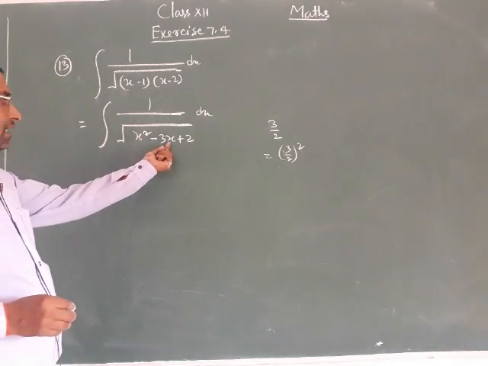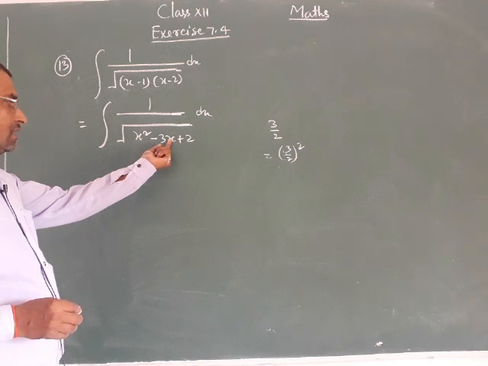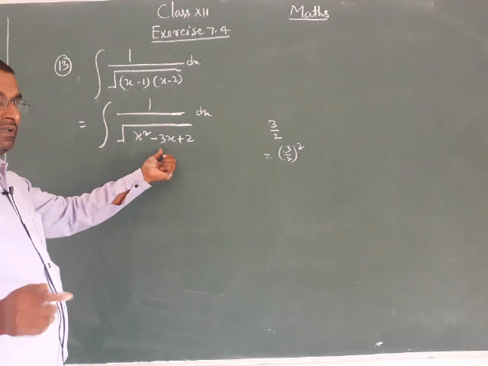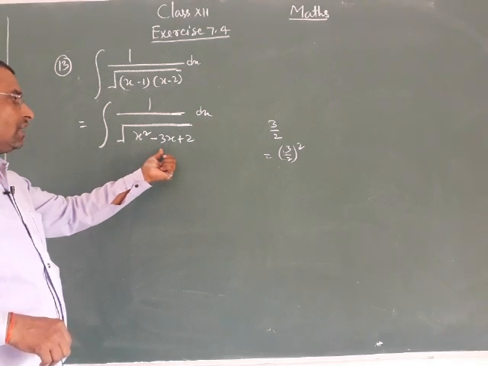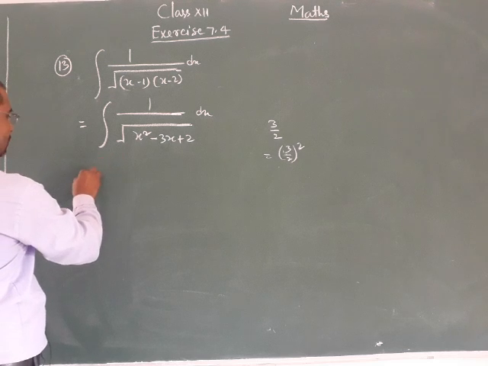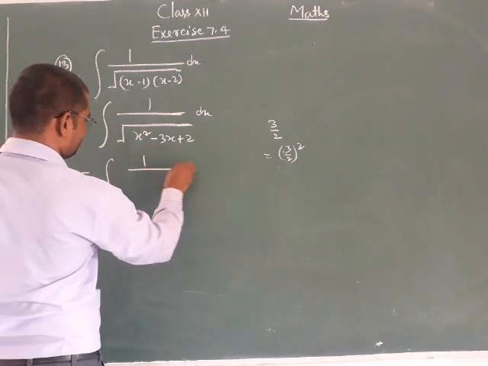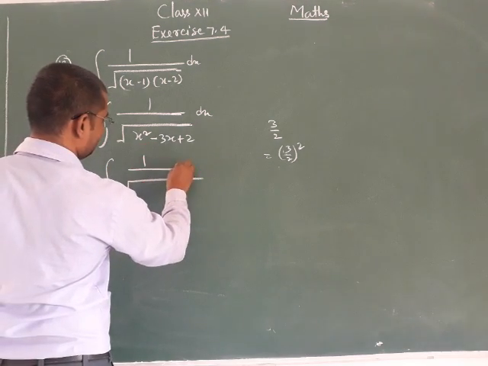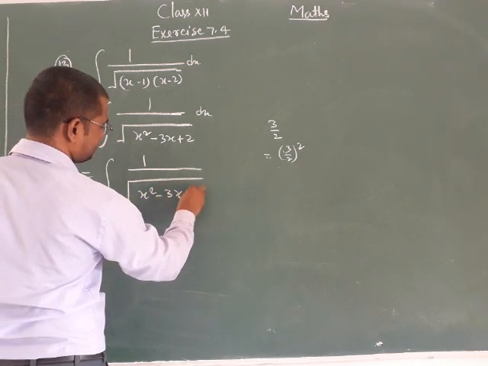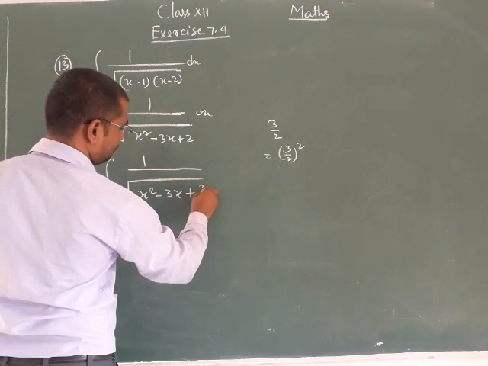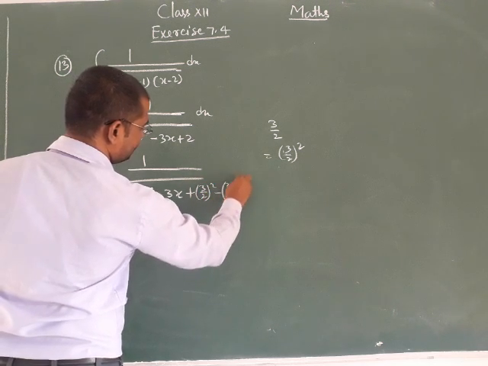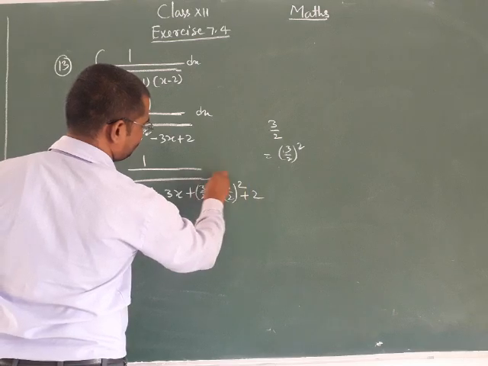So taking the coefficient of x, 3 upon 2 square, and adding this. So we can write also integral of 1 upon root x square minus 3x plus 3 by 2 whole square minus 3 by 2 whole square and plus also 2.